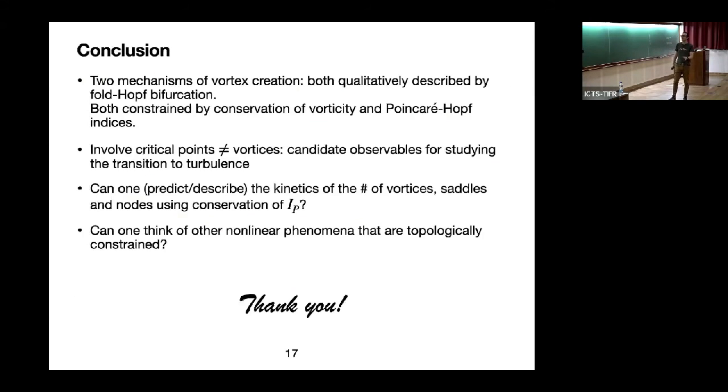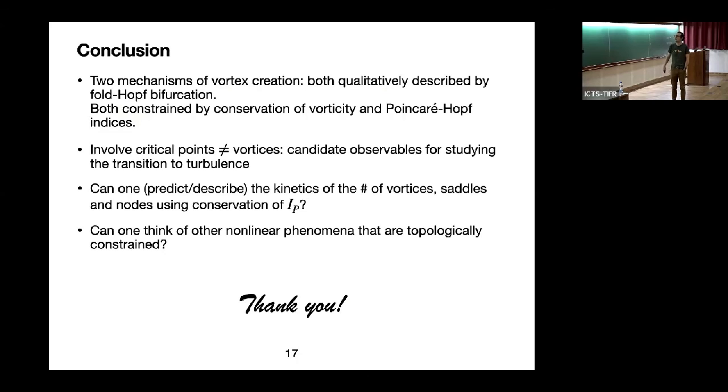Okay, I have to wrap up. I hope I convinced you that there are two mechanisms of vortex creation, and in both you need to look at the conservation of vorticity and the Poincaré-Hopf index. So they involve critical points that are different from vortices. It's a good candidate observable for studying the transition to turbulence.